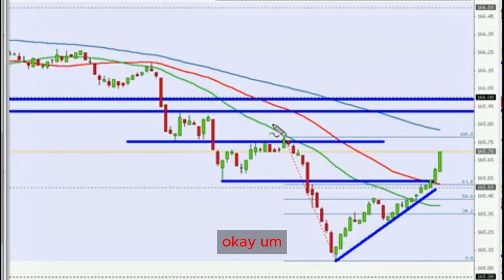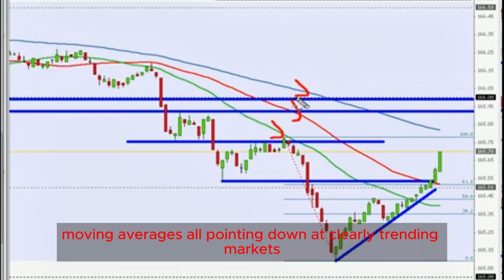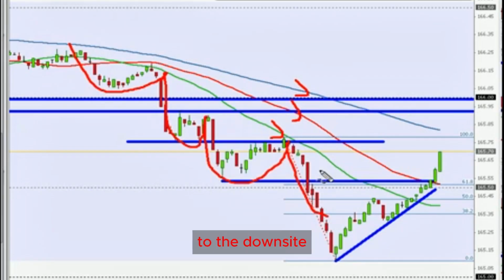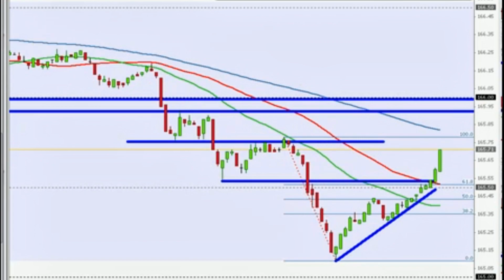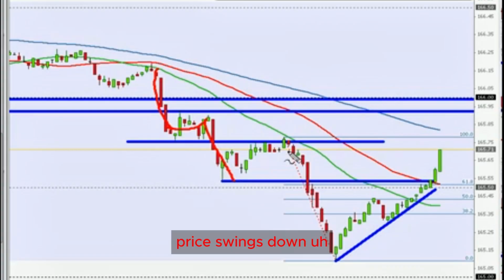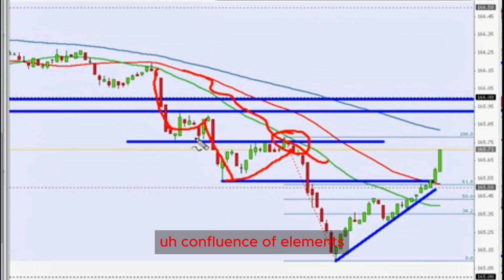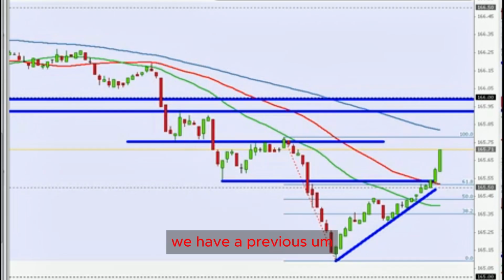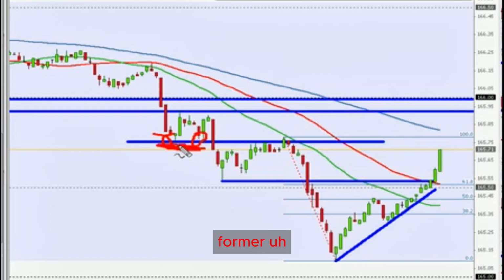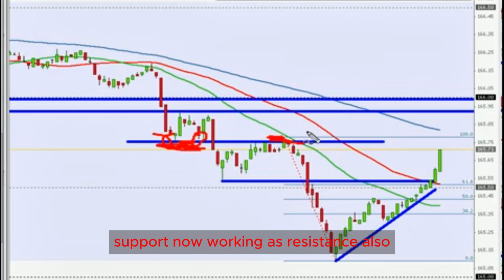Okay, have a look here. Moving averages all pointing down, clearly a trending market to the downside. Price swings down, retraces back to the dynamic area of resistance with a confluence of elements. We have a previous double bottom here, a former support now working as resistance.